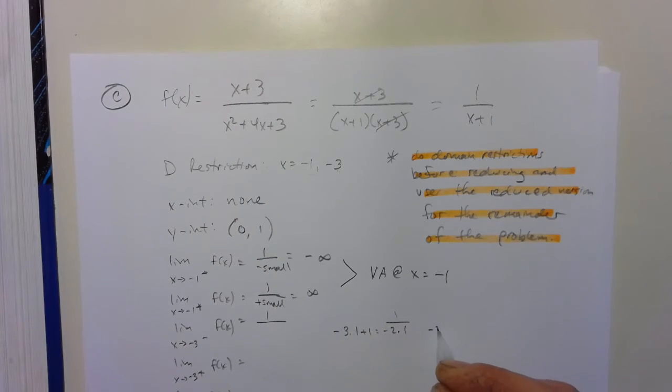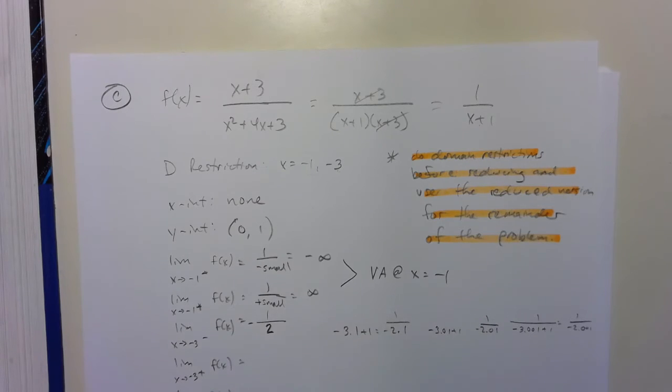Right, if I plug in -3.01 plus 1, that would be -2.01 over 1, and if I plug in -3.001 plus 1 over 1, I get... You can see my denominator is approaching -2, not 0, -2. So that's why this is going to be approaching a limit of -1/2.